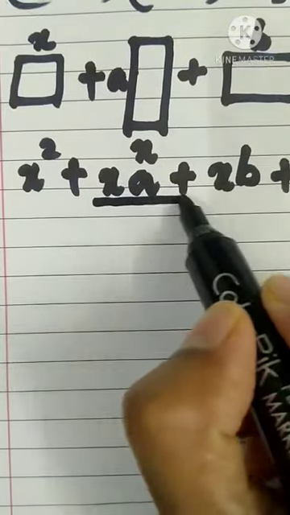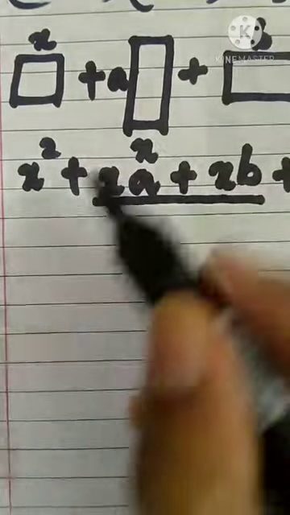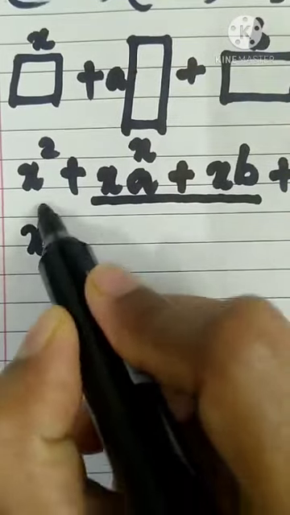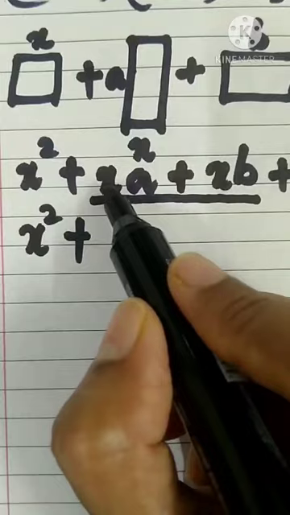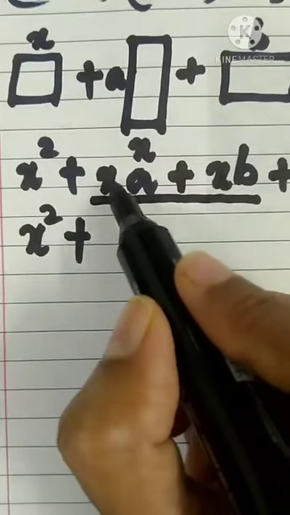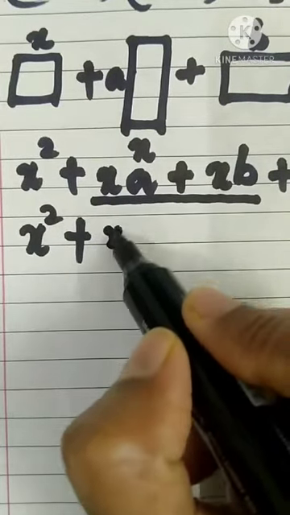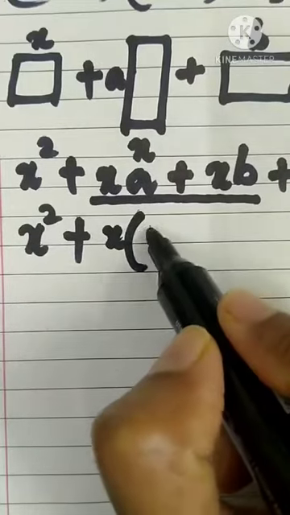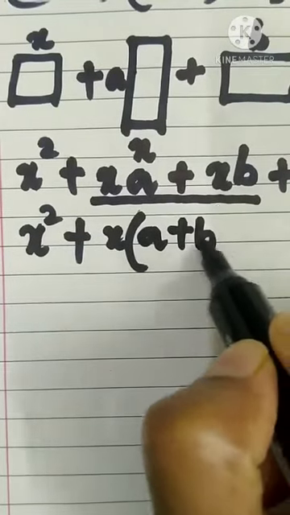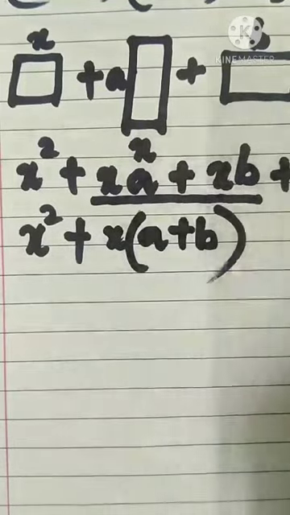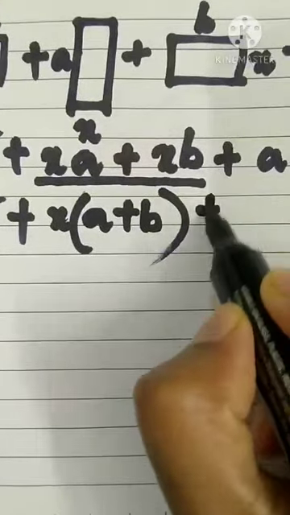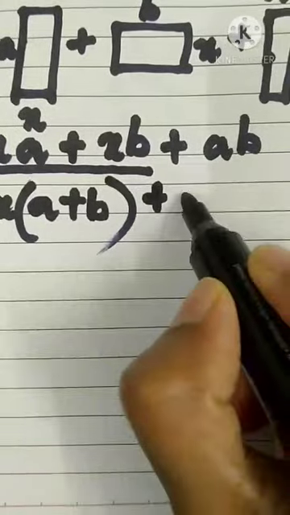So now these two are like terms, XA and XB. So I can write x square plus, what is the common term here, x, no? So x I took common. What is remaining? A plus B. X I took out, what is remaining is A plus B, plus what is the last term? AB.